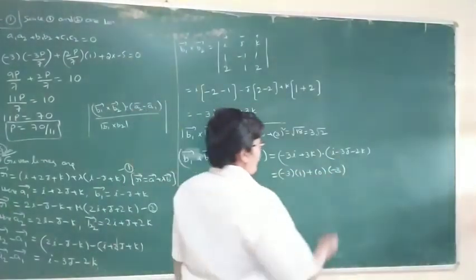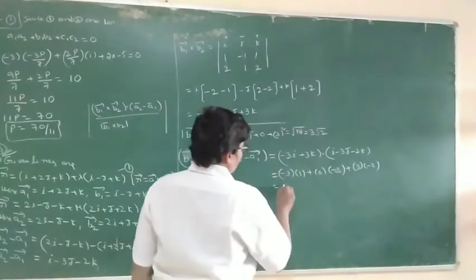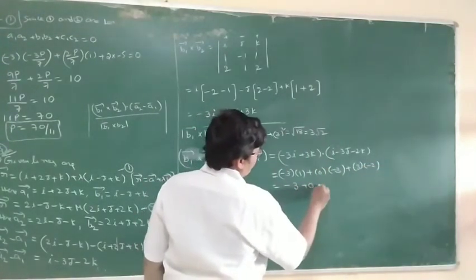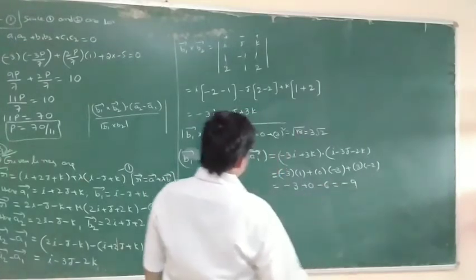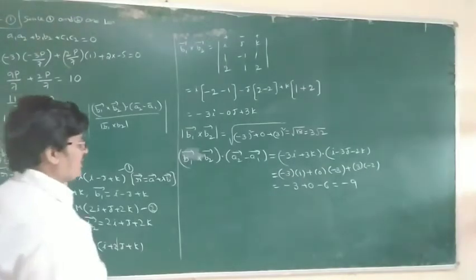Very careful. Plus k into k, 3 into minus 2. So minus 3 plus 0 minus 6 is equal to minus 9. So minus 3 minus 6 is minus 9.